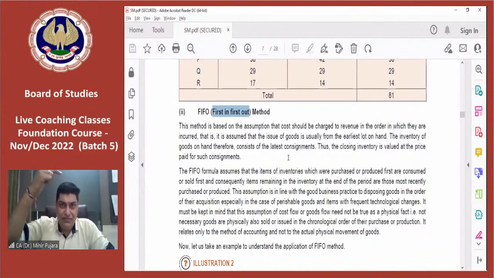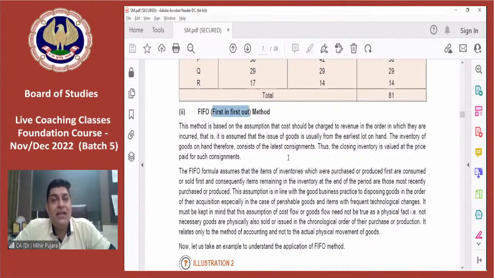First we purchased at 10 rupees, then we purchased at 11 rupees. So the first 10 rupees stock will go first. First in, first out. The order in which we have purchased, in the same order we will sell or issue.